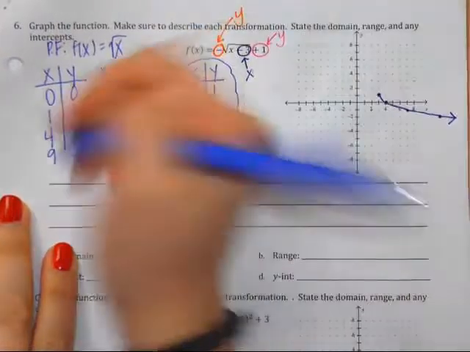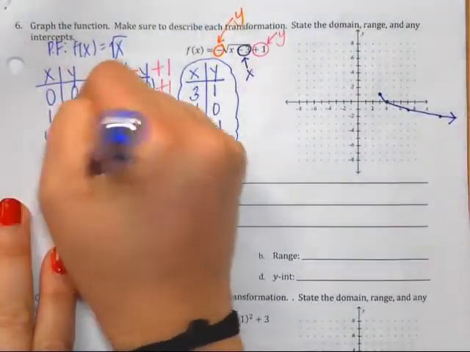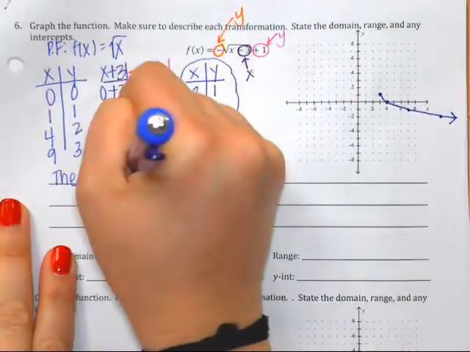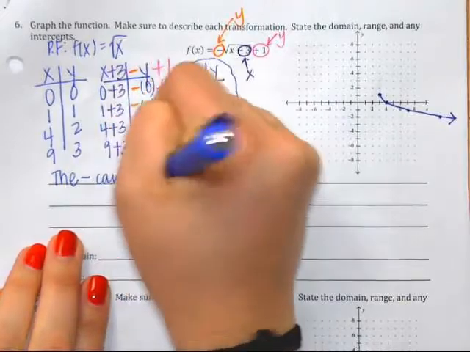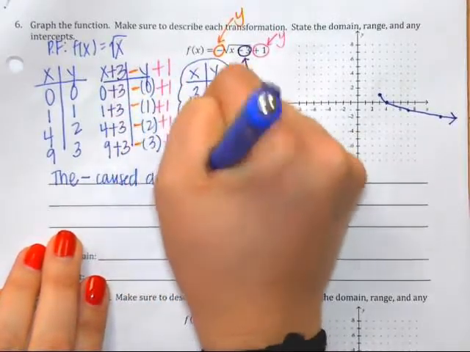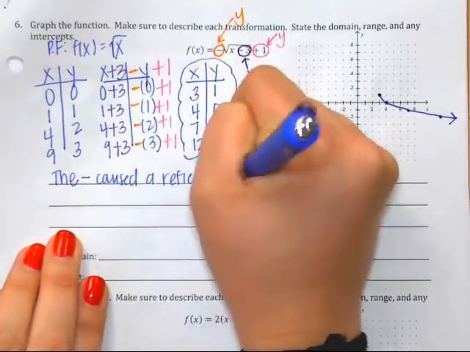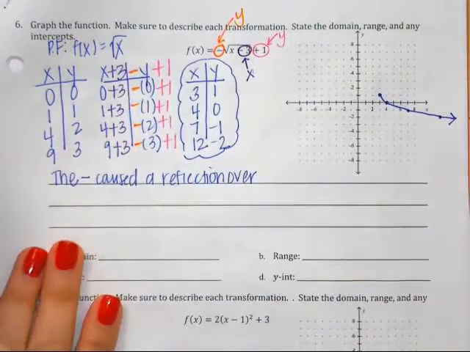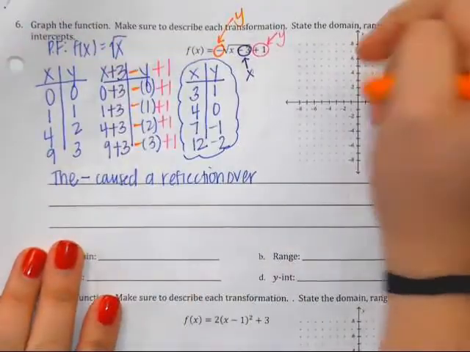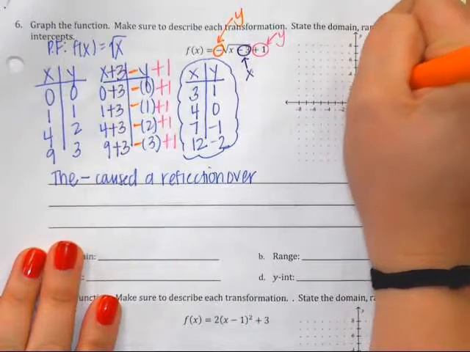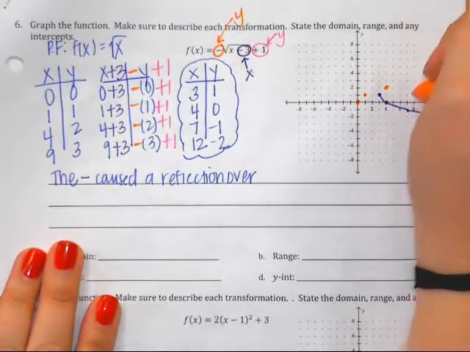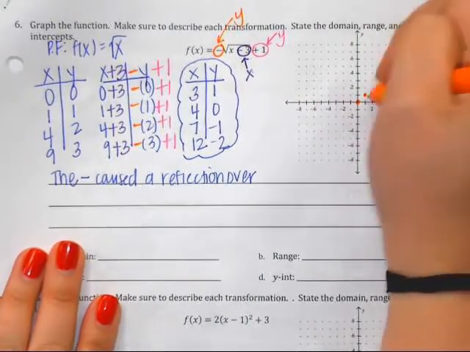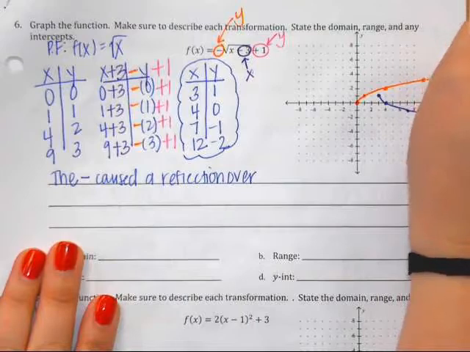First one was the negative. So the negative, we know anytime there's a negative, it causes a reflection. We just have to think about what did it reflect over. And in this case, if we look at the graph, the normal parent function looks like this.